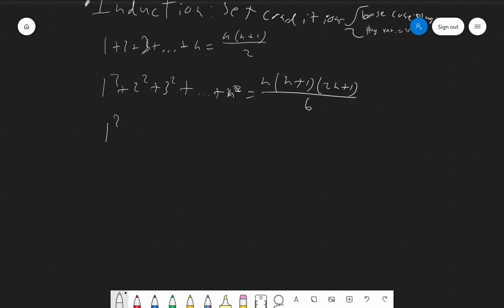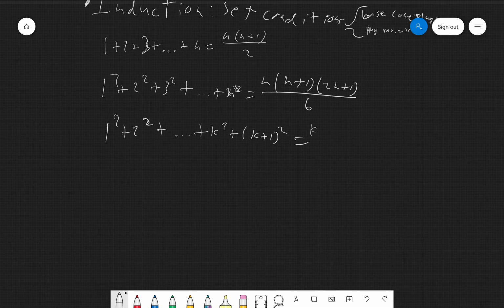Because you're going to get 1 squared plus 2 squared plus dot dot dot plus k squared plus k plus 1 squared. So now this isn't just k squared plus 1 squared. This is k squared plus 2k plus 1. So you're going to have to expand it. And that equals, you plug in k plus 1 here, it gets even uglier.